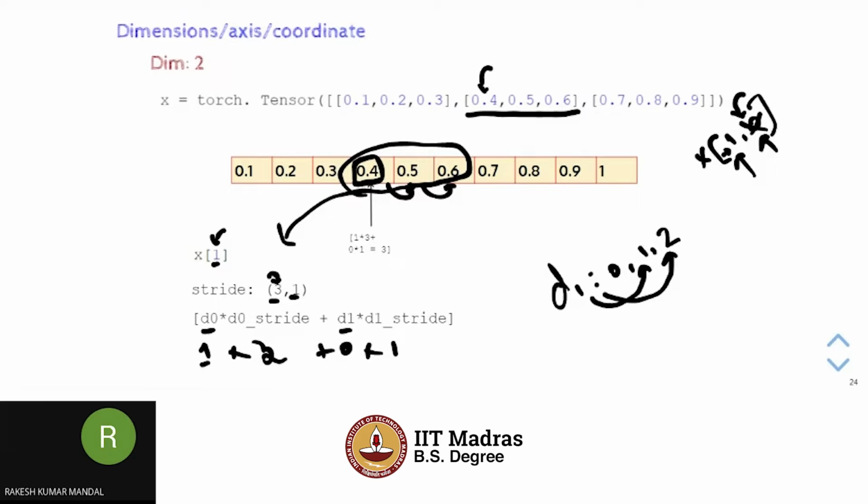Is this exclusive for Tensor, or is this the normal way that things are accessed? So this is normal. Even in NumPy, they follow the same rule. This is the rule they have to follow. No matter which dimensional array you are creating, it will be flattened. The corresponding stride values for each dimension will be created.